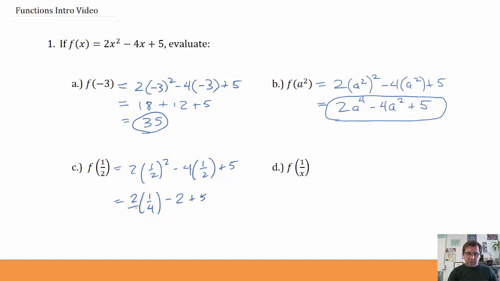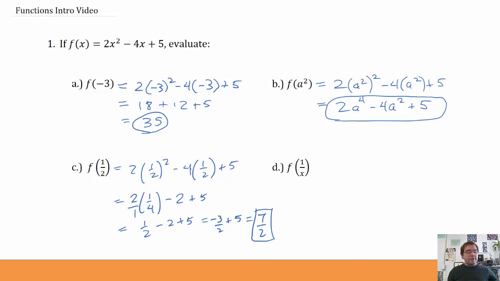Well, that would be 2 over 1 times 1 over 4, which makes 2 over 4, which makes 1/2. Minus 2 plus 5. Well, 1/2 minus 2 is 1/2 minus 4 over 2. That's negative 3 over 2. Plus 5. 5 is 10 over 2, which makes 7 over 2. So f of 1/2 is 7/2.